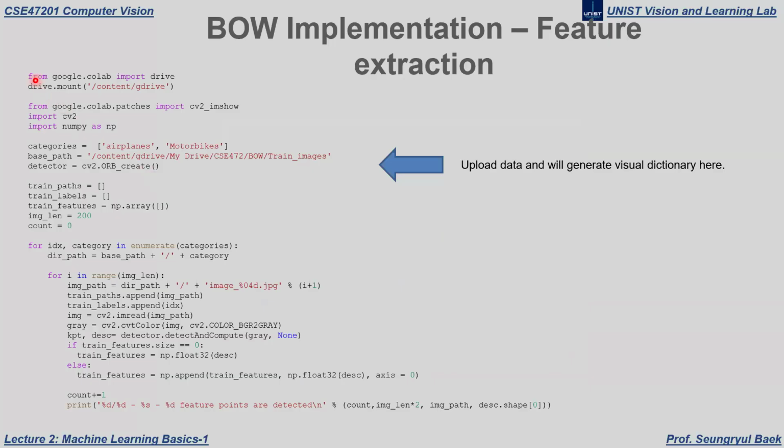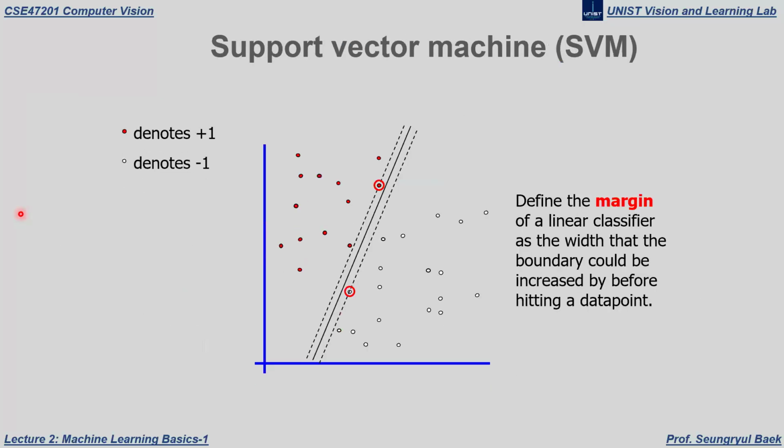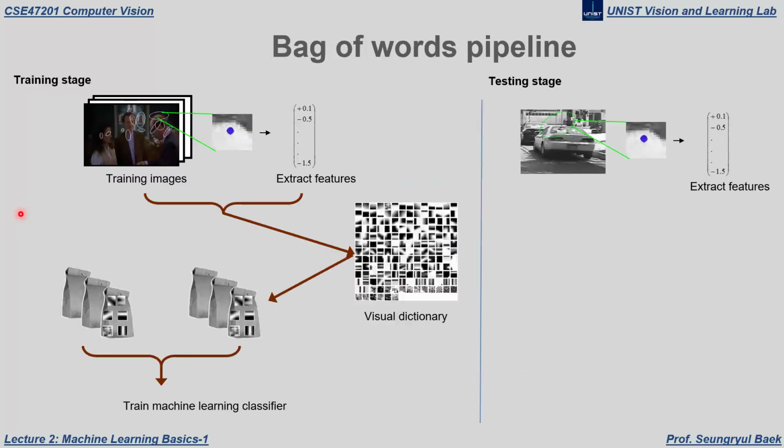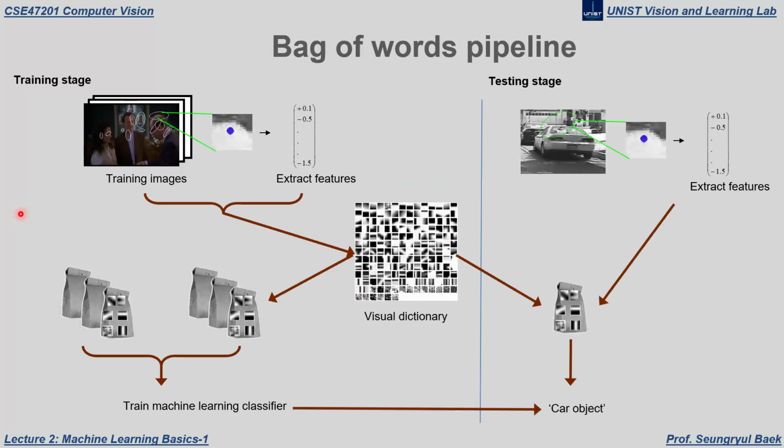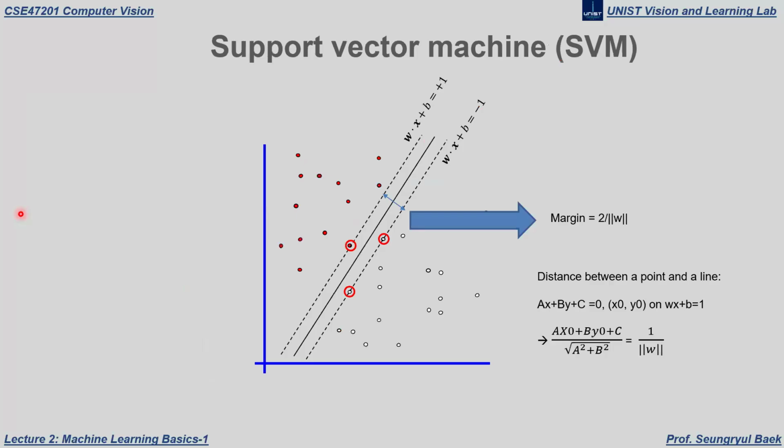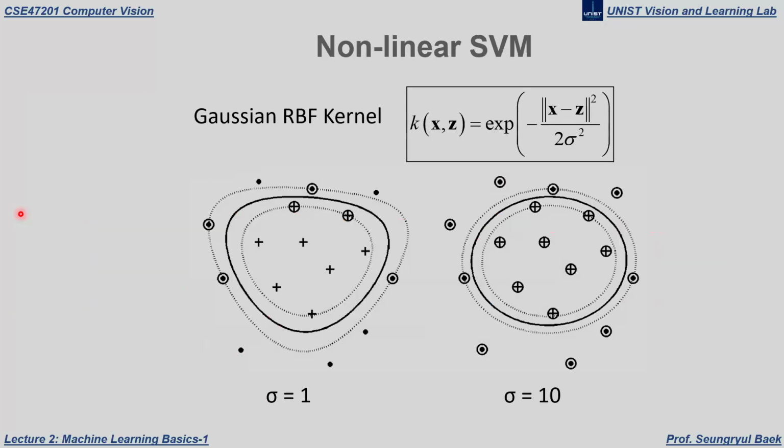These are the code for implementing the one I explained here. First, we have to extract the features from all the patches of the training data. That slide is actually showing that.